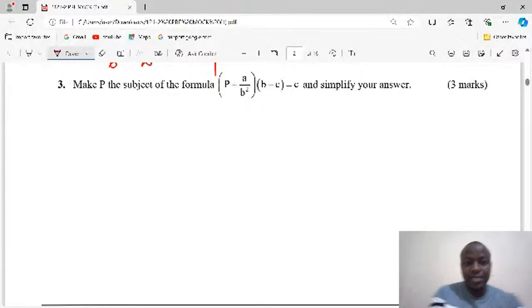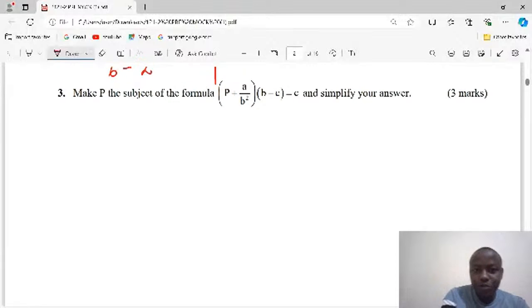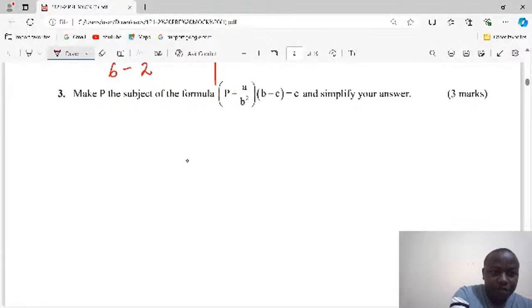What we are supposed to understand is that because we are making P the subject of the formula, we can remain with the part with P at this side.